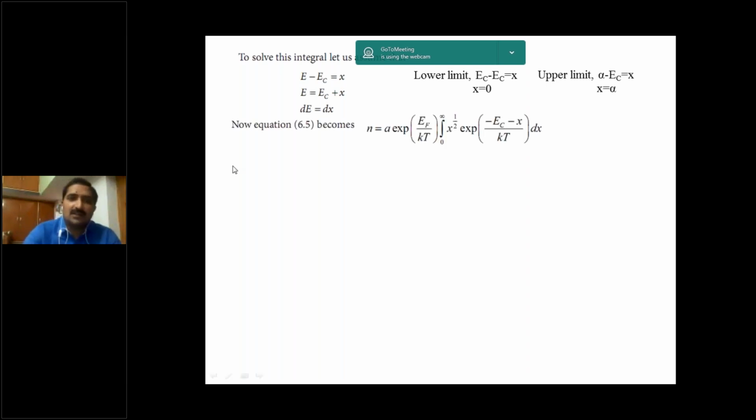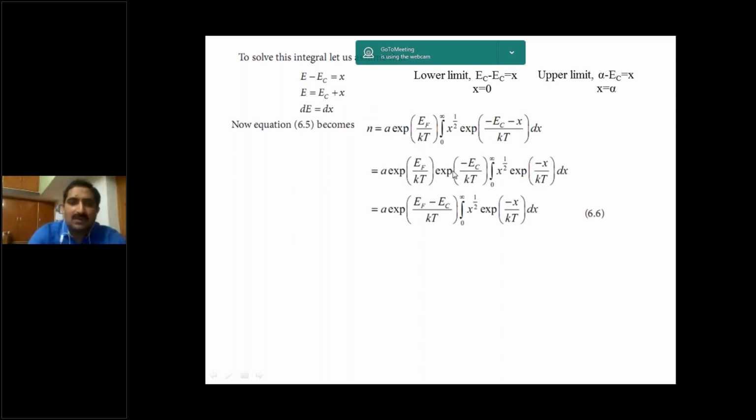Replacing that in the above equation, N is equal to A into exponential of EF by KT integral 0 to infinity x power 1 by 2 exponential of minus (EC plus x) by KT into dx. Why? Because in that the term is E, so in the place of E, we put EC plus x. So it can be written as A into exponential of EF by KT.